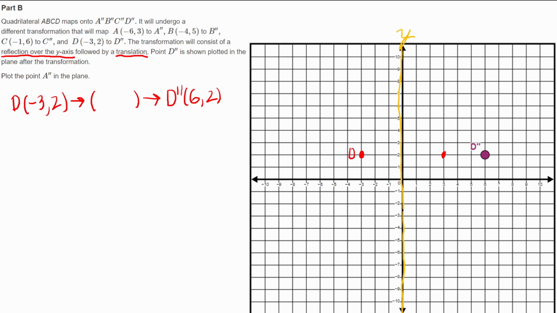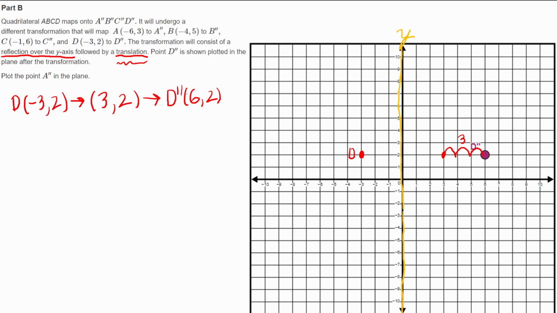But then it says we translated it. Remember, up at that text, it says a translation. So how do we get our floating point to D double prime? Well, it moved right 1, 2, 3 spaces. So right 3 spaces. Now, what does that mean? If I write my floating point coordinates here, it's at 3, 2.